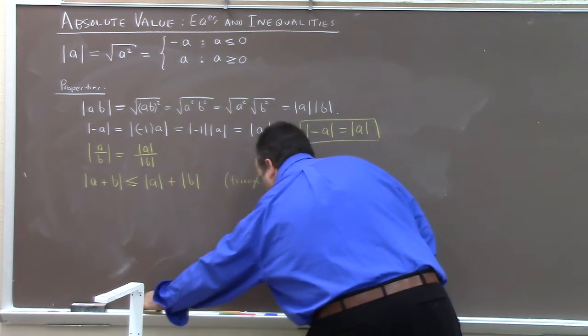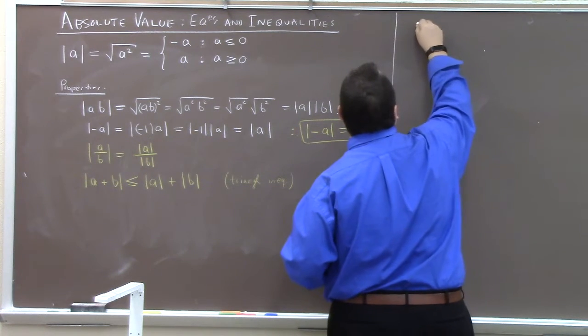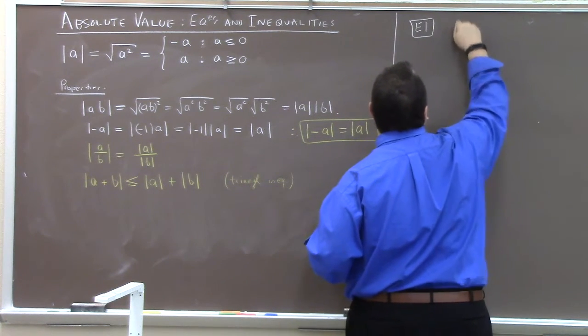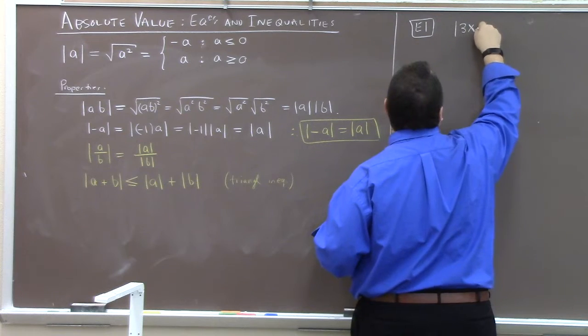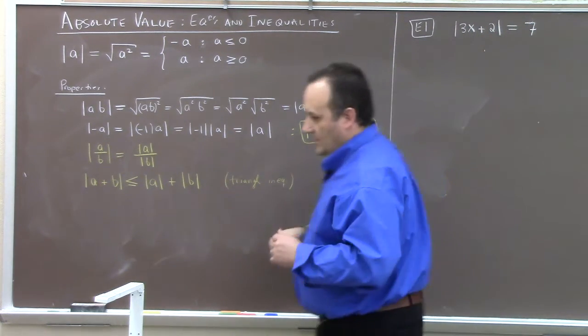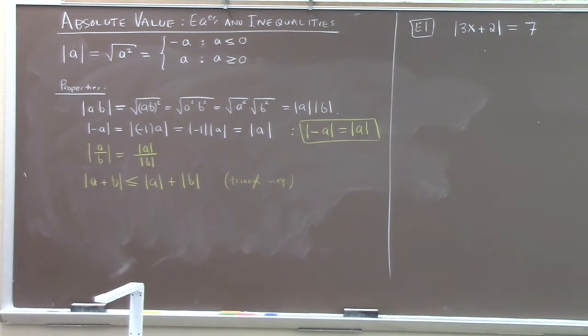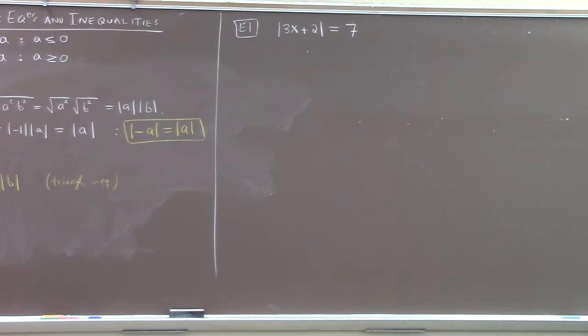So let's look at an equation involving absolute value. So suppose you want to solve the absolute value of 3x plus 2 equals 7. How do we do such a problem?